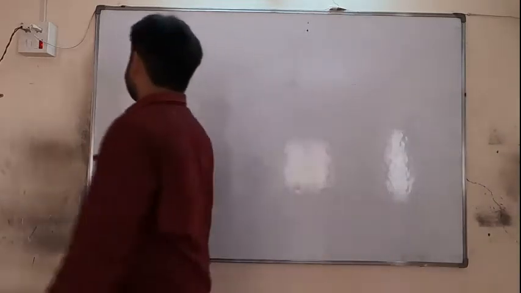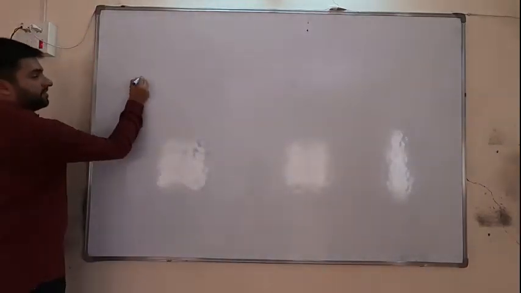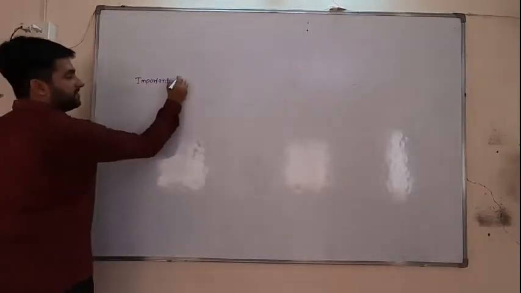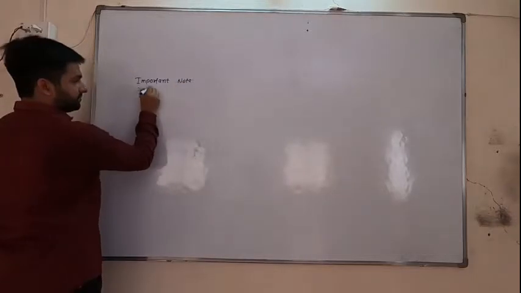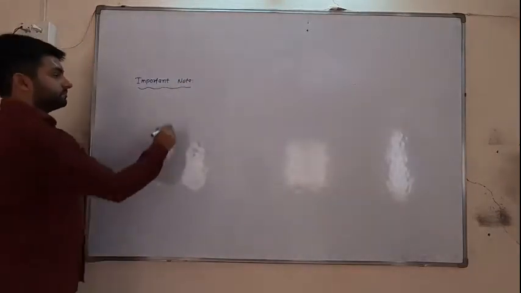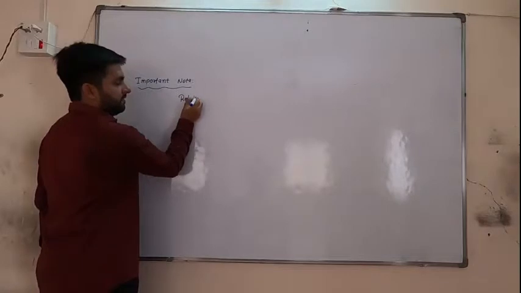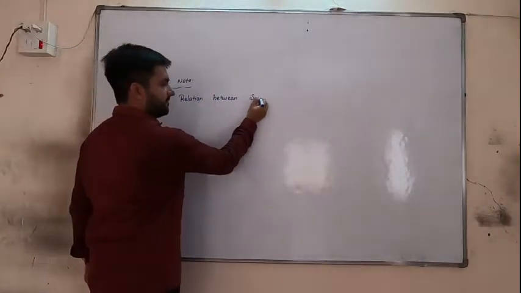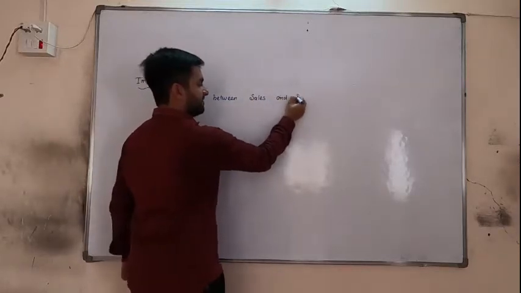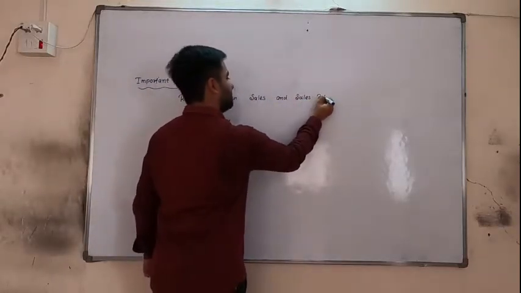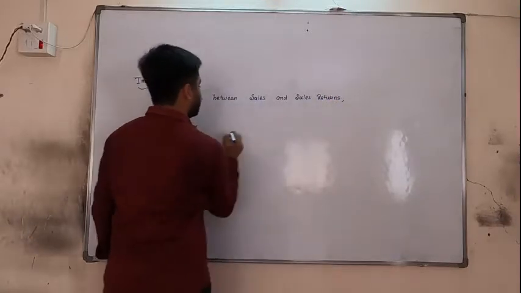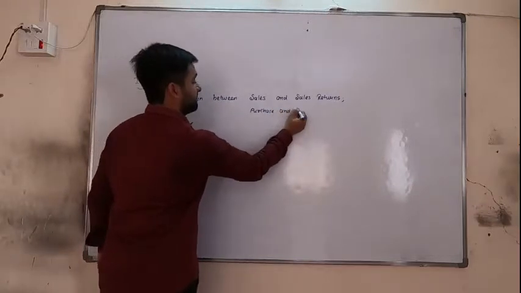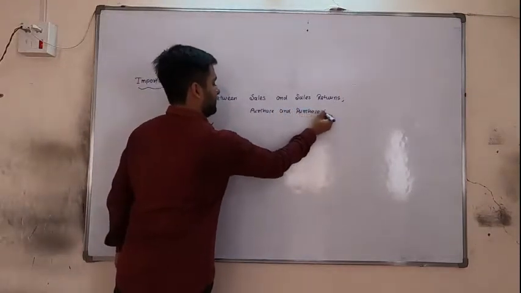Now write one important concept for this sum and for every sum. So don't write any sum number now. Only just write heading important note. Relation between sales and sales returns, comma, purchase and purchase returns.